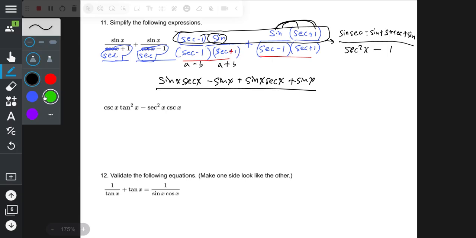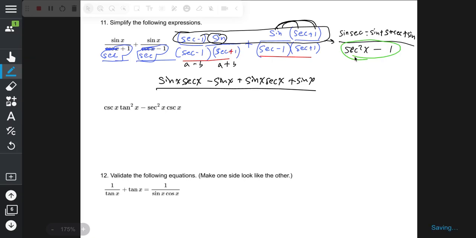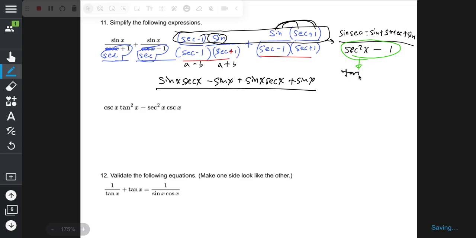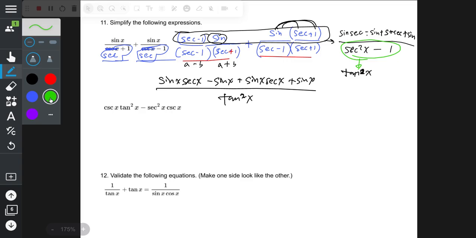The bottom of our expression is this, which, if you know your Pythagorean identities, is this. That was the whole point. And I'm sorry again that I did not have that in the original problem.